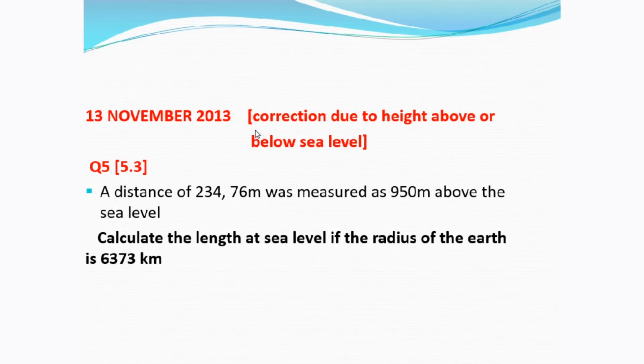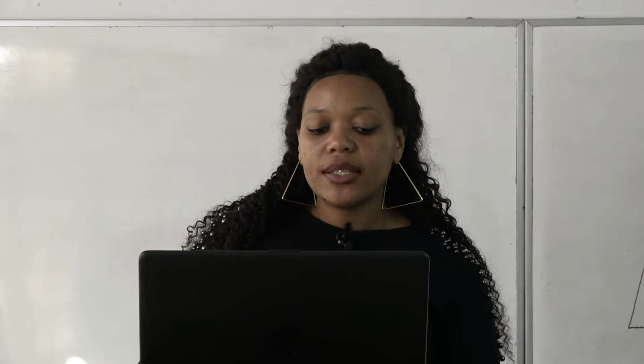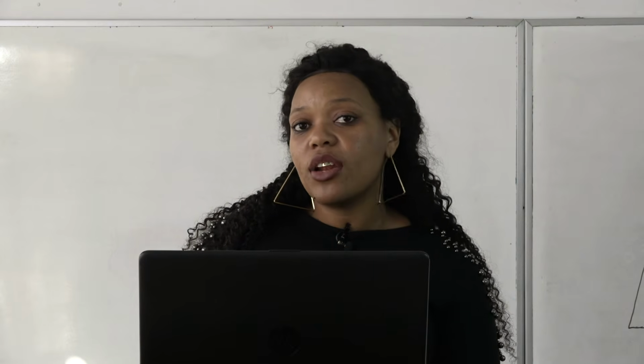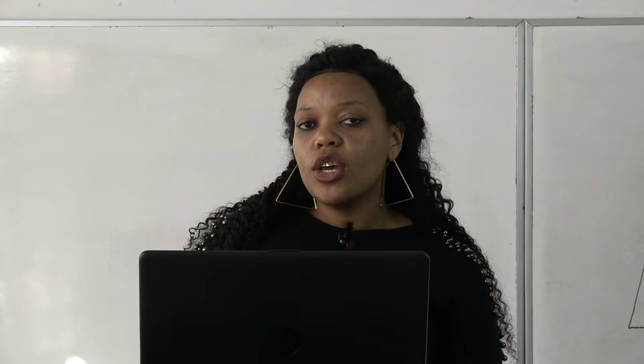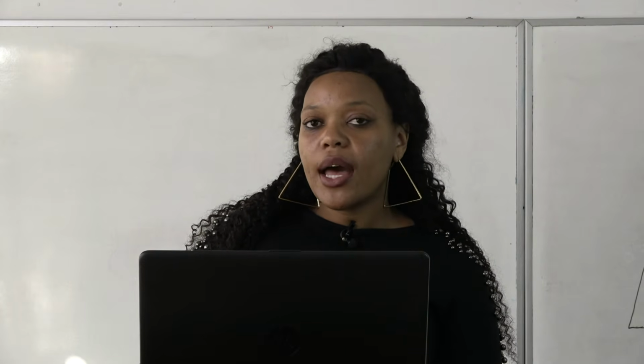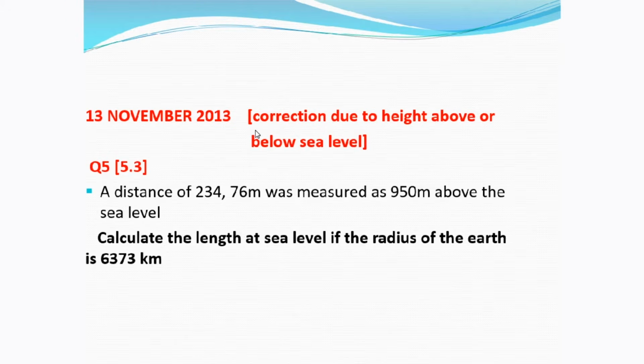Here we've got the radius of the earth, which is 6,373 kilometers, which means we need to change it into meters. If you want to change kilometers into meters, you need to multiply by 1,000.